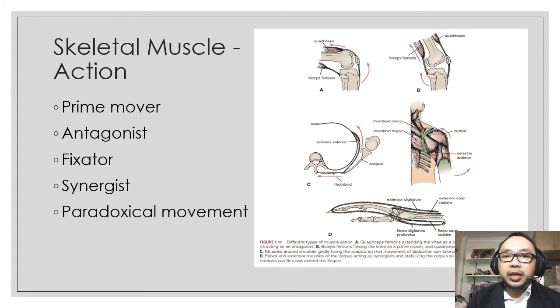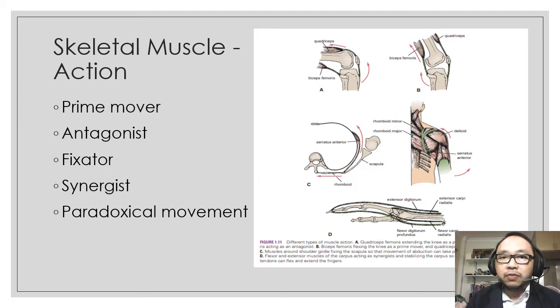Synergist: in many locations in the body where the prime mover crosses several joints, it prevents unwanted movements in the intermediate joints, and they contract and also stabilize the intermediate joints. For example, the flexor and extensor muscles of the carpal bones contract to fix the wrist joint.